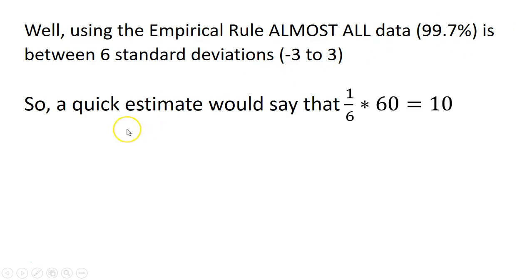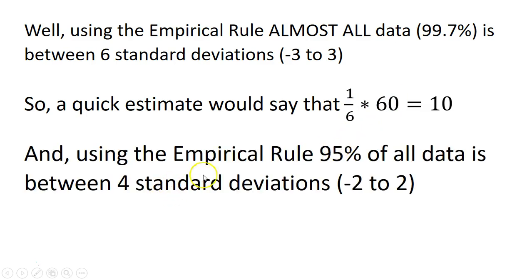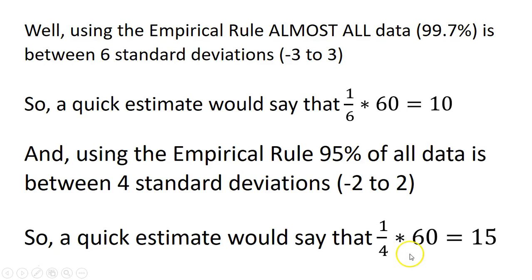So a quick estimate would say, if the range is 60, then dividing that by 6, I get 10. And using the empirical rule that 95% of all data is between 4 total standard deviations, I can take it and say that.